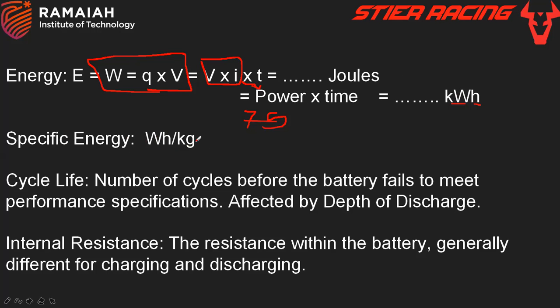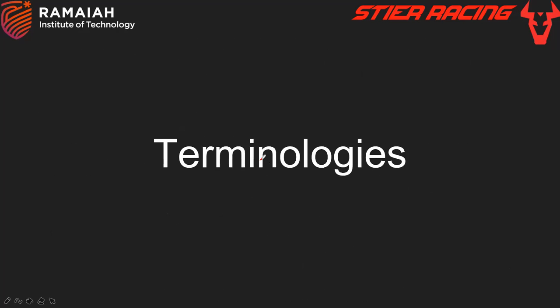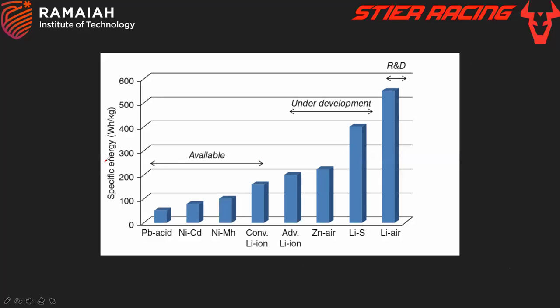I have shown you lithium ion before also here. See, this is specific energy. Lithium ion has the highest till now, commercially available. So based on this, we decided we will go with lithium ion batteries only for our formula car.